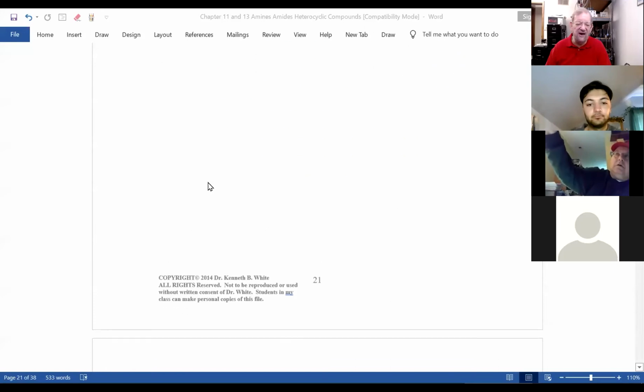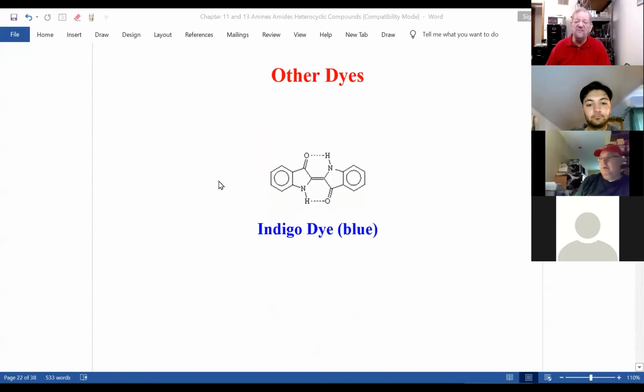Now, it turns out other molecules that you can get from nature can be used as dyes. This is a real complex one, and it's called the indigo dye. It comes from the indigo plant. And what color is it? Blue. And when you put this on cloth, it becomes a very deep blue. And what do we call that very deep blue?